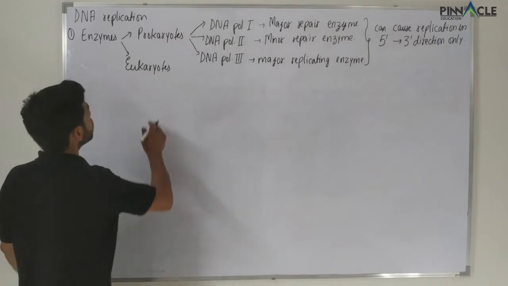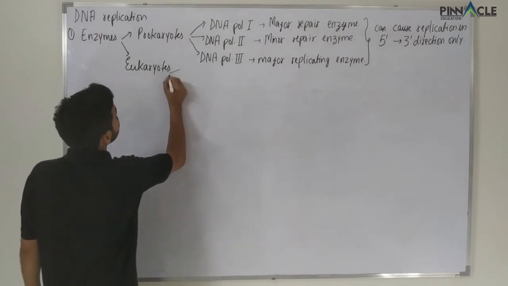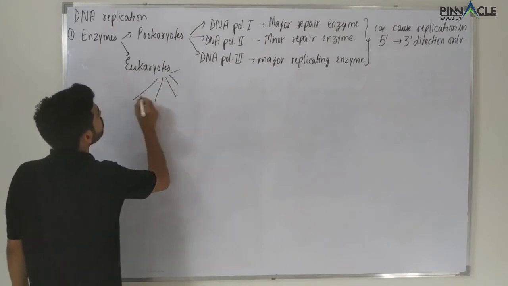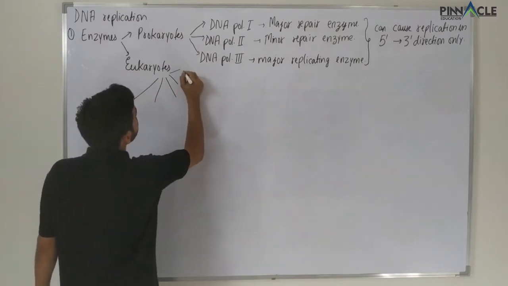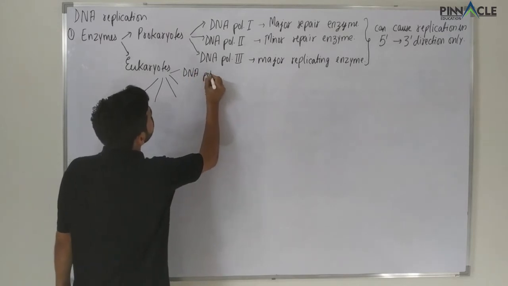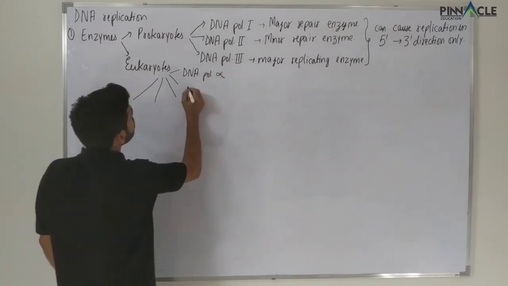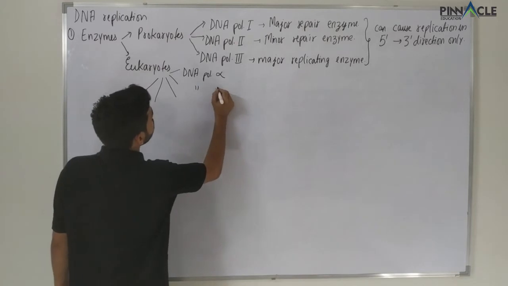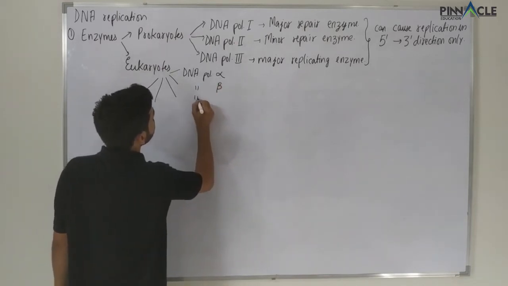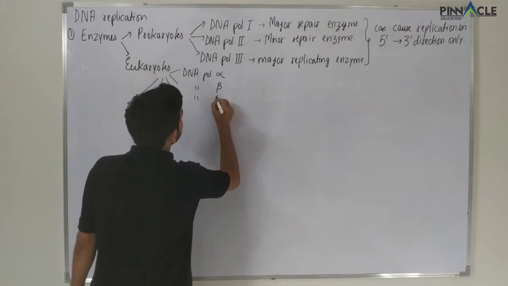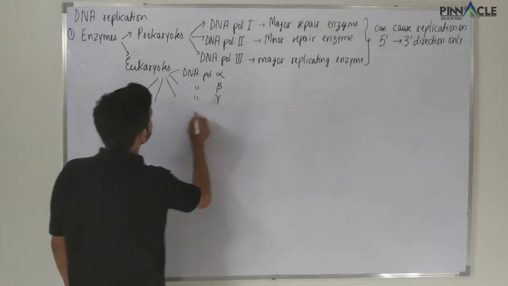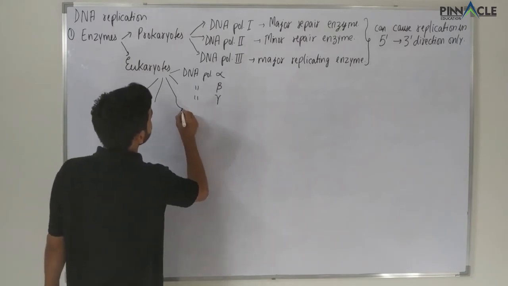Now we will come to the eukaryotes. Eukaryotes also have many enzymes. The first one is DNA polymerase alpha. Then we have DNA polymerase beta. Then the third one is DNA polymerase delta, and before that we have the gamma.